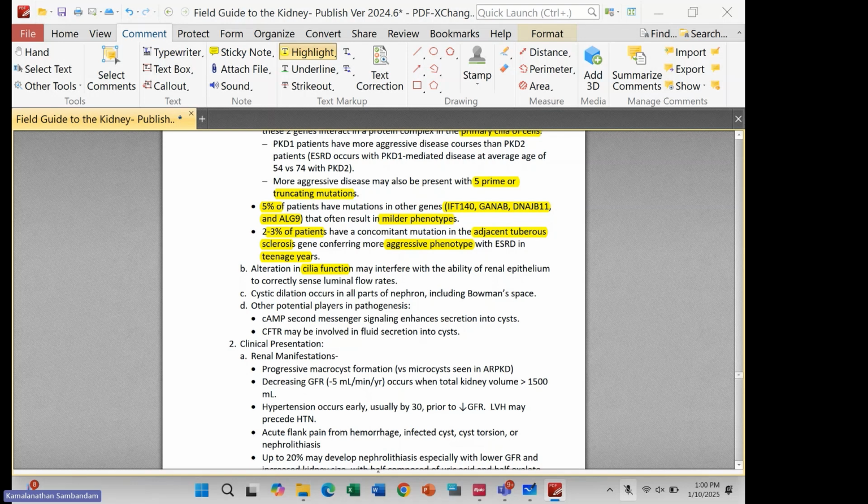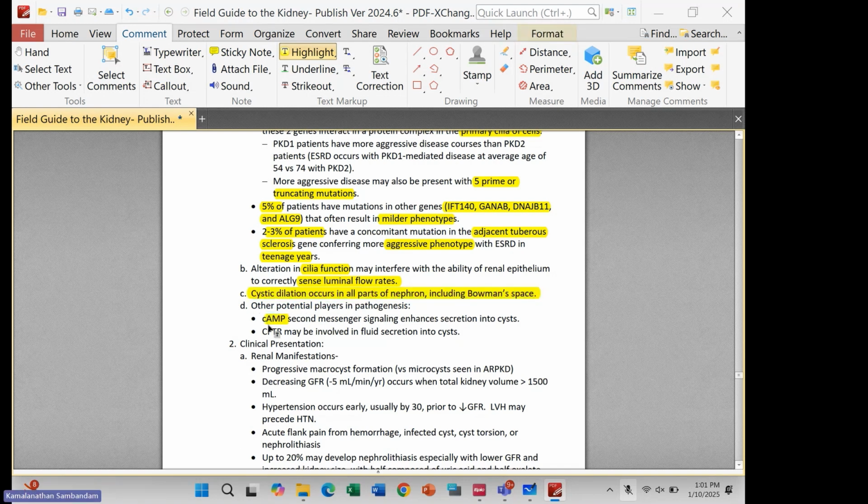When the cilia cannot sense the luminal flow, that epithelium will then either alter its reabsorption or secretion of tubular solute and fluid, resulting ultimately in some of these macrocysts. They would also have altered cell division as well, resulting in, again, the creation of these cystic dilatations of the kidney throughout the entire length of the nephron.